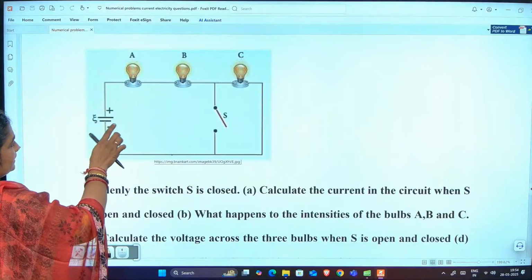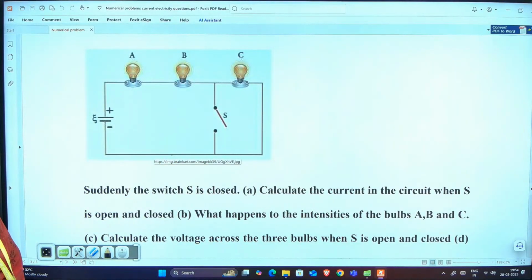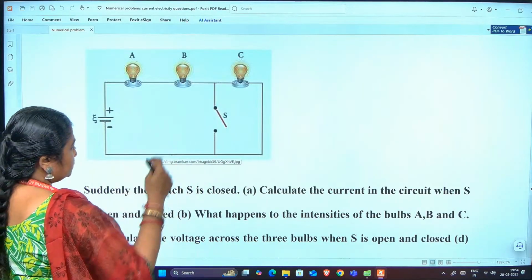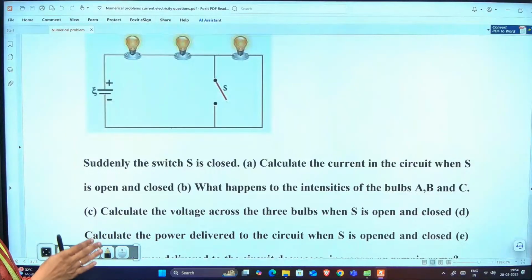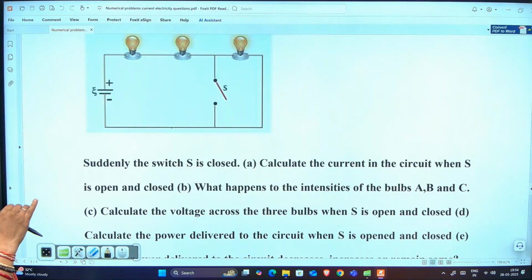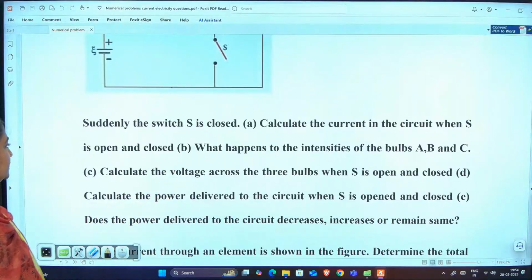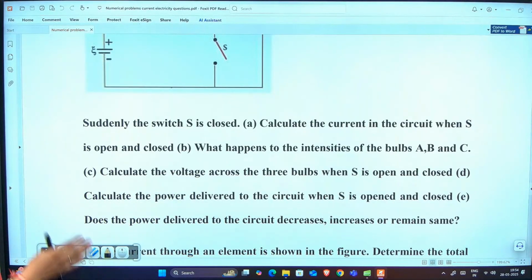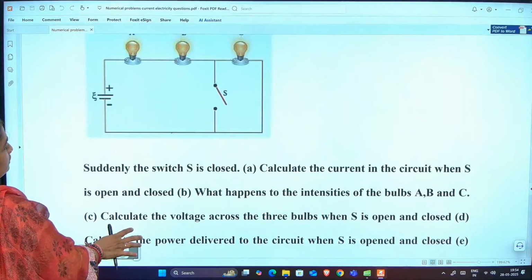There is a common cell connected to 3 bulbs, each having resistance R, and there is a switch in between. Now, suddenly the switch is closed. Calculate the current in the circuit when S is open and when S is closed. What happens to the intensity of the bulbs A, B and C in both the cases?